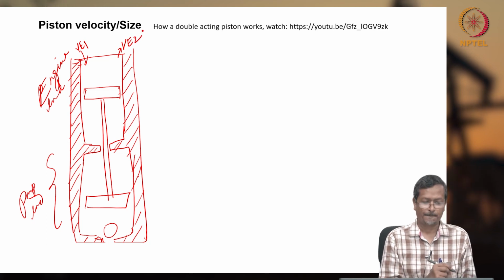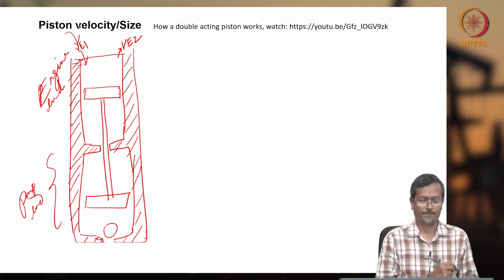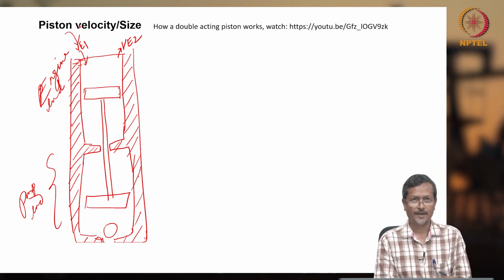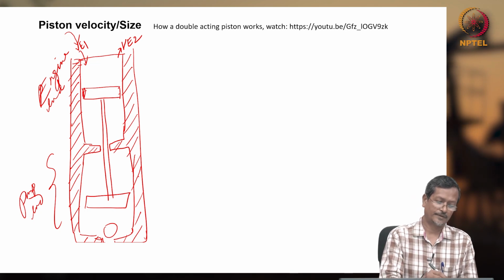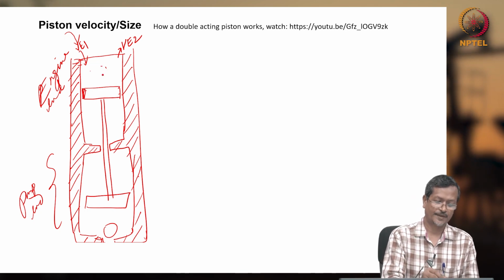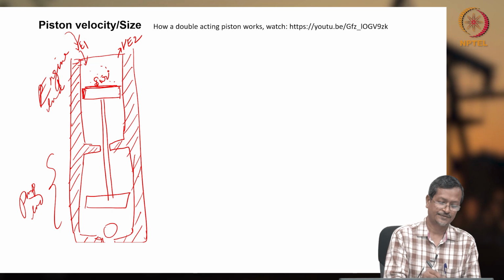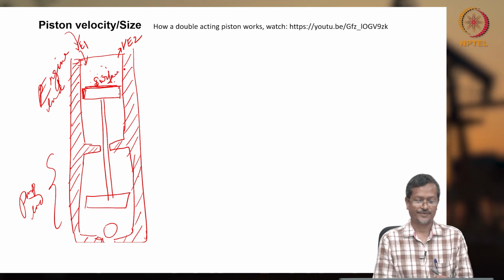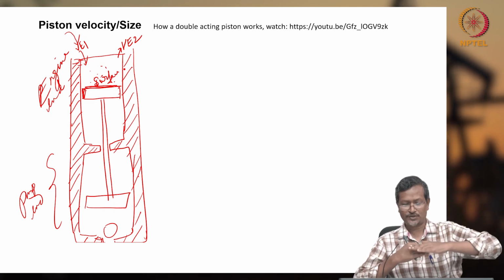Okay, so what is happening? Let's put high pressure fluid from the top through valve 1. When high pressure fluid is entering your cylinder, it will be pressurizing the surface. When the surface is getting pressurized, the surface will be trying to push down the rod.